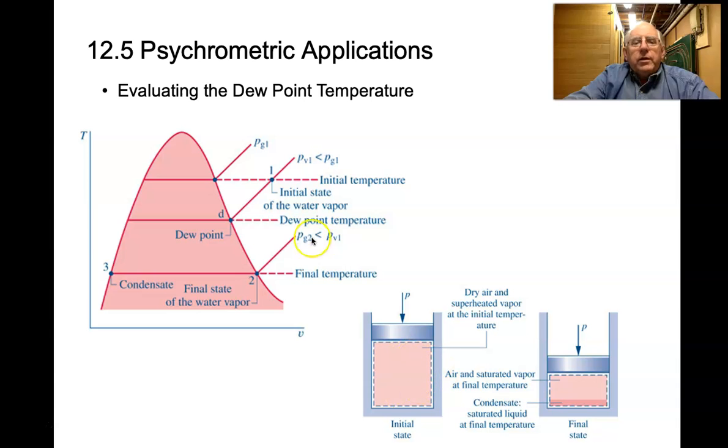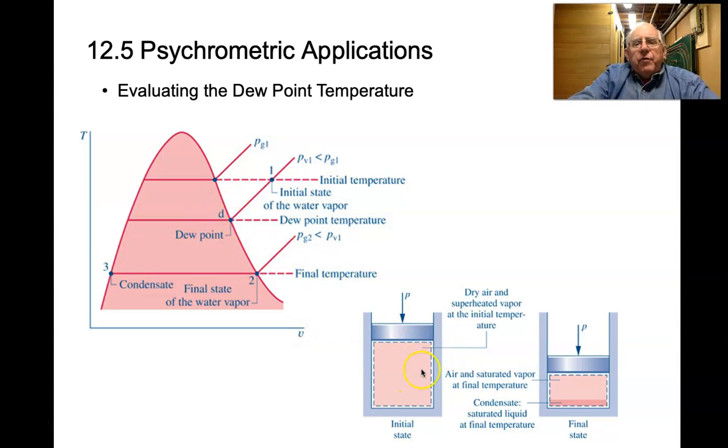As we cool it, the specific volume is going to decrease as we follow this line down, because we're not adding or subtracting any additional vapor. And so we stay at the same vapor pressure for the vapor until we reach point D. Once we reach point D, it's going to occupy a smaller volume.